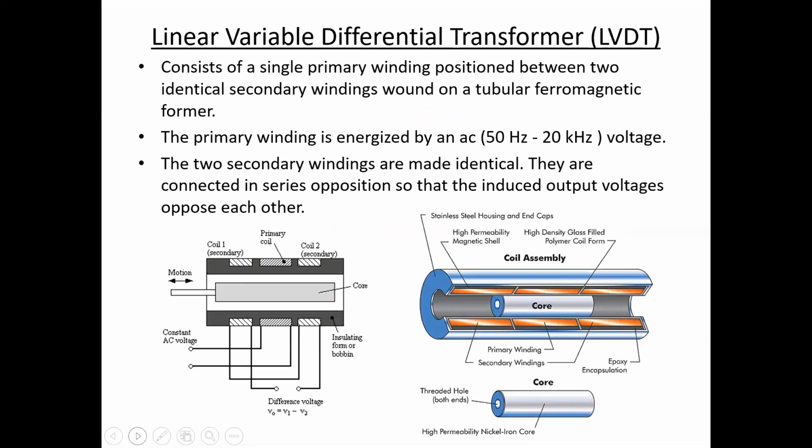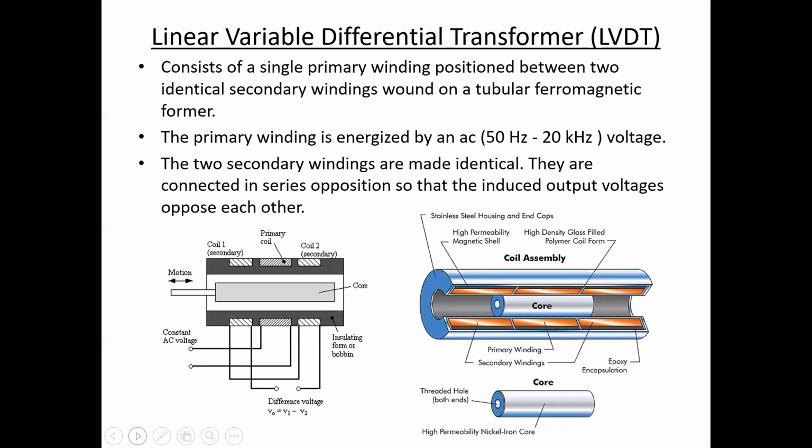Now, here we are going to discuss a more practical type of inductive transducer, which is used for different applications. It operates through the principle of change in mutual inductance between two coils.